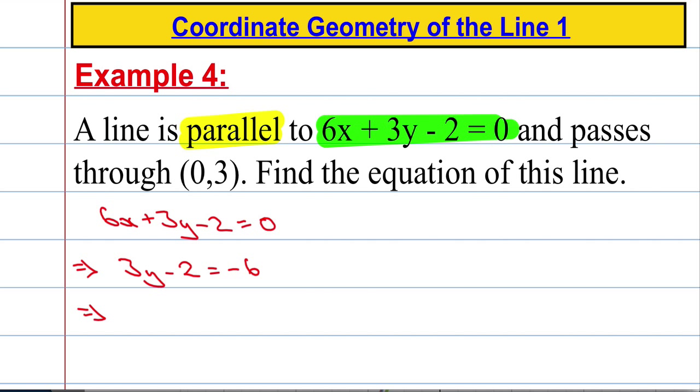Then I'm going to add 2. Negative 6x plus 2, and then finally divide both sides by 3. So y equals negative 2x plus 2 over 3. So we're dividing everything by 3 here.